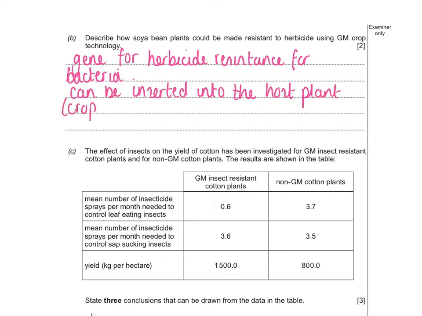So that means we can take the gene responsible for herbicide resistance from a bacteria or another species of plant, another organism, and we can insert it into the host plant, and we can let that reproduce, and then we can produce plants that are resistant to herbicides.